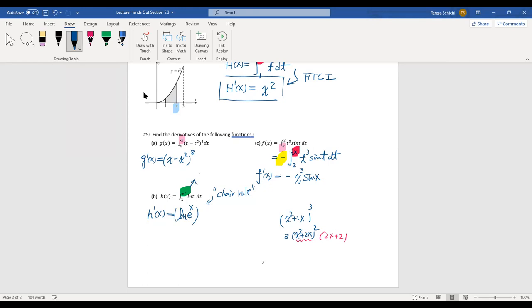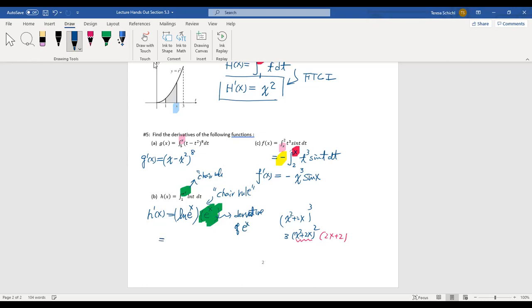Then I need to apply the chain rule here, similar to the chain rule concept. So I need to take the derivative of this one. What is the derivative of this one? Be careful, this is the derivative of e to the x.